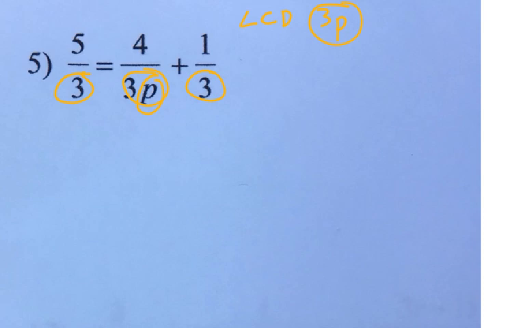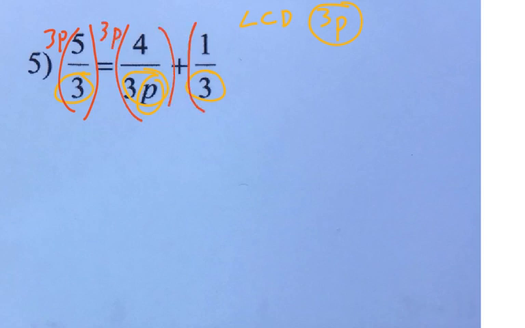So now that hopefully you understand where 3p came from, I'm going to now times every term here by 3p. Now let's see what happens. 3 over 3 is 1. I'm just left with p times 5, which is 5p, equals. Here, notice 3 and p cancel each other out to 1.